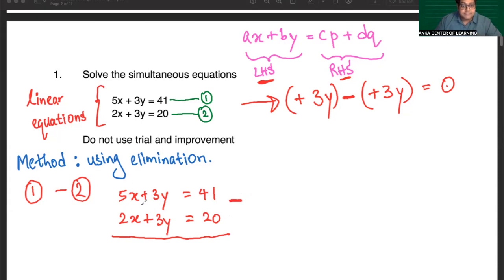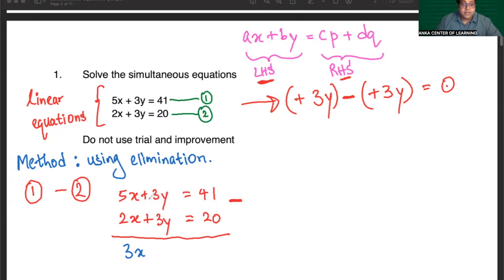Now we will subtract the two equations respectively. You need to look into your like terms. In this case, we've got 5x. With this minus coming into play, 5x minus 2x would give you 3x.